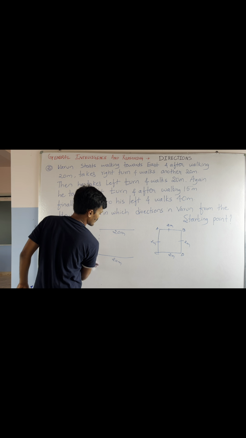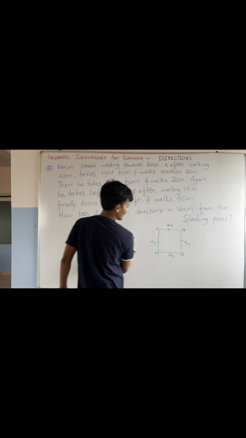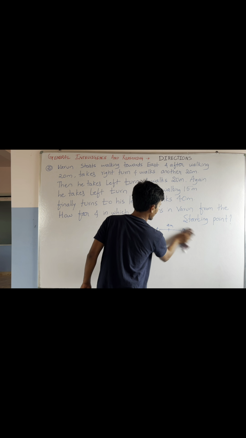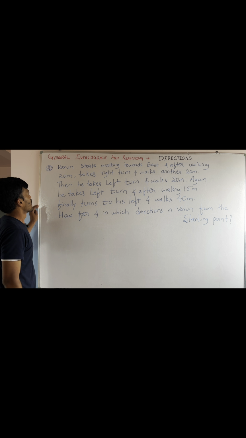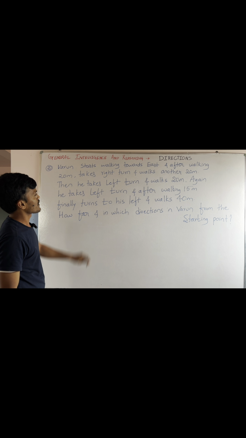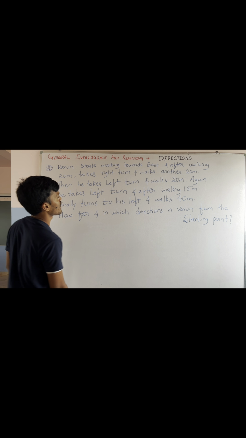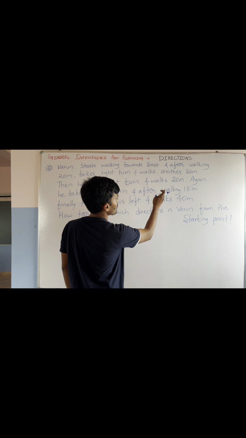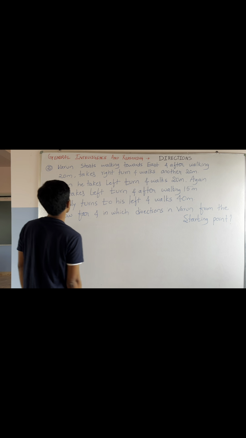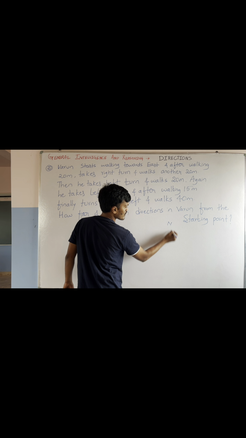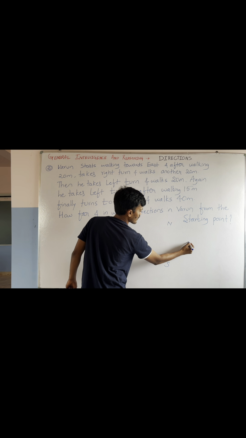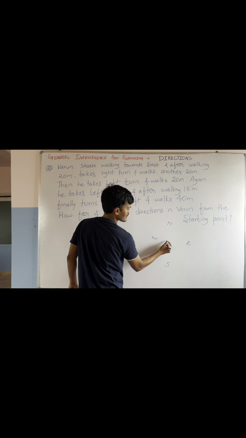So like that you need to justify the direction, okay. So now let's move on to the question. Varun starts walking towards east, and after walking 20 meter. So now north, south, east, west. This is the starting point.